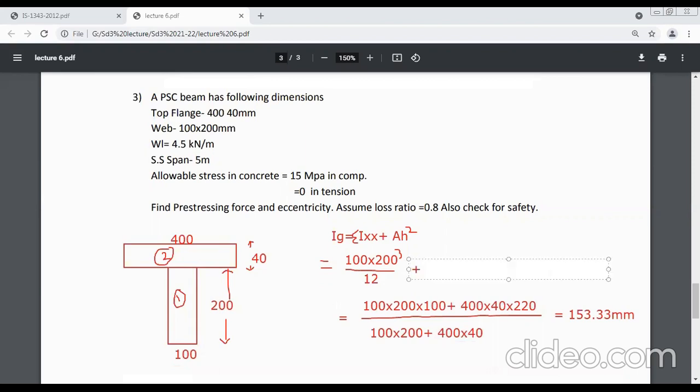A1 means area of this first part: 100 into 200 into H square, which means y bar minus y1 square. So y bar we have calculated is 153.33 minus y1 square, it is 100 square.